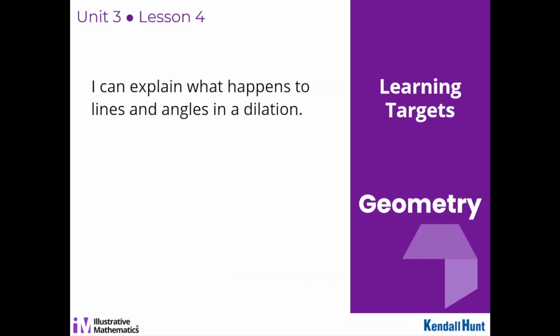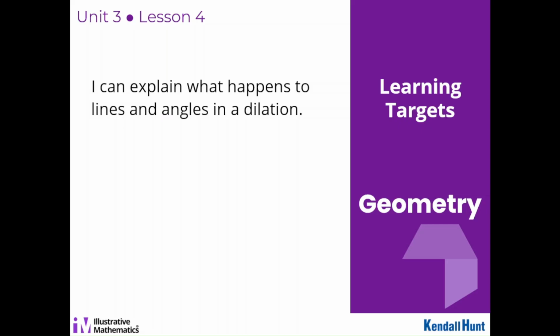Just to quickly review the learning target for Lesson 4. This one says that you can explain what happens to lines and angles in a dilation. So the first part of that is what happens to lines.